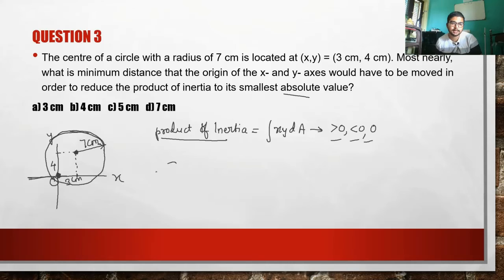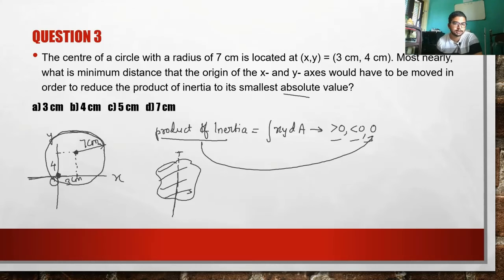Now there is a certain area and we have a certain axis about which this particular area is symmetric. Then if we are going to find the product of inertia about this axis, that value will be 0. So whichever axis it is, if the area is symmetric about that axis, then the product of inertia will definitely be 0.